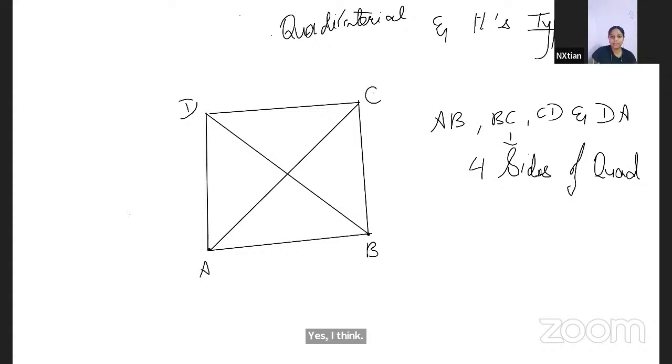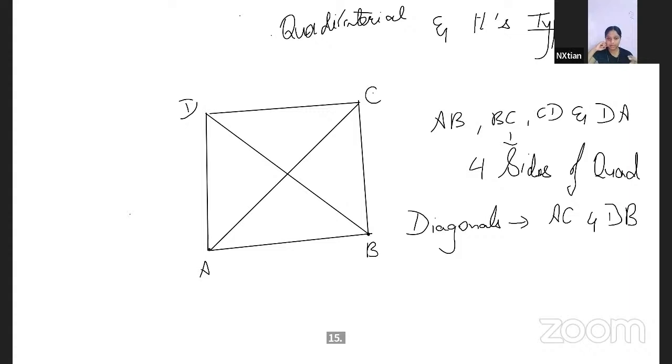So what are my diagonals? AC and DB are my diagonals in this quadrilateral.